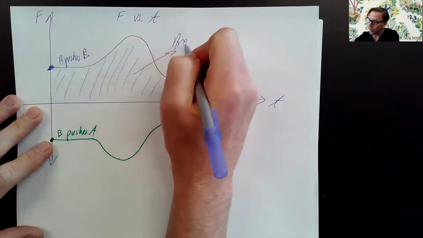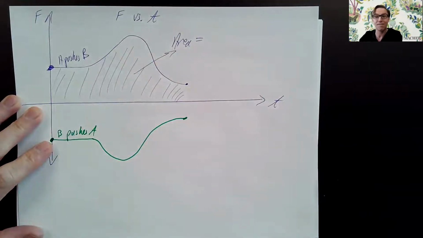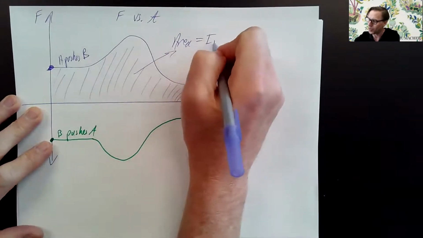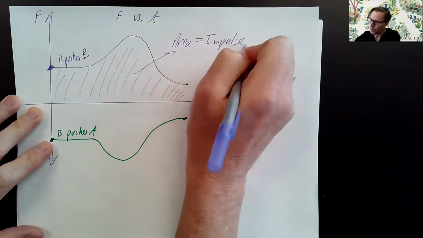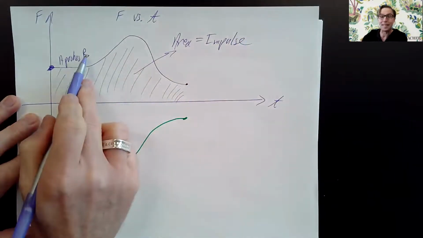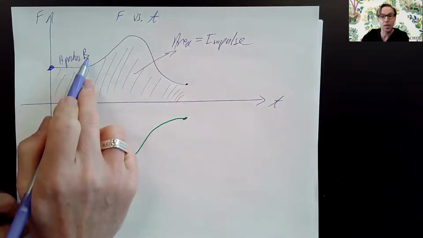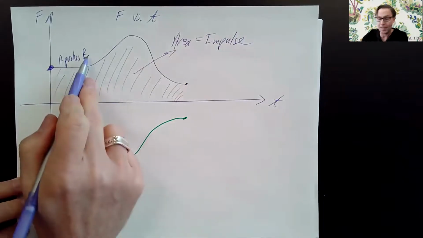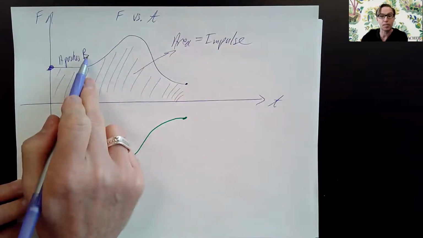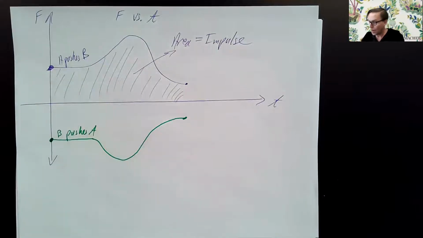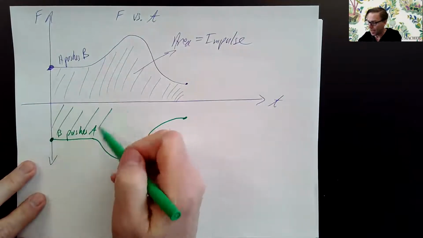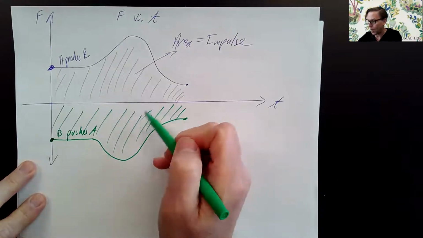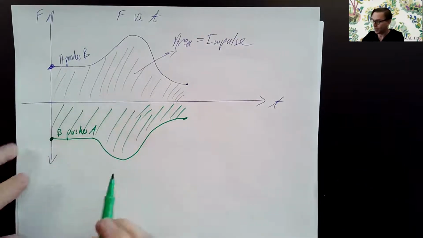The area is going to equal impulse, which is the change in B's momentum. The change in B's momentum is the impulse here. What is this going to be? Well, area between the graph and the horizontal axis.